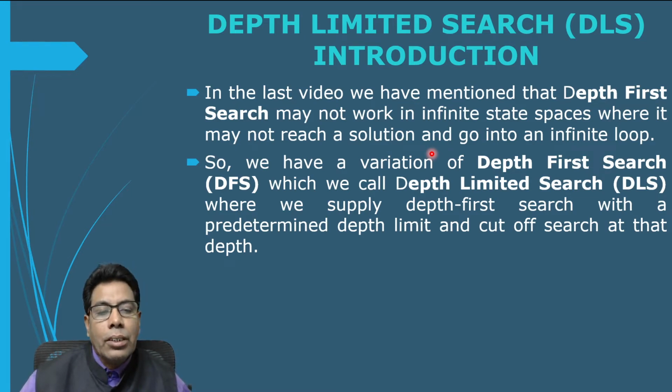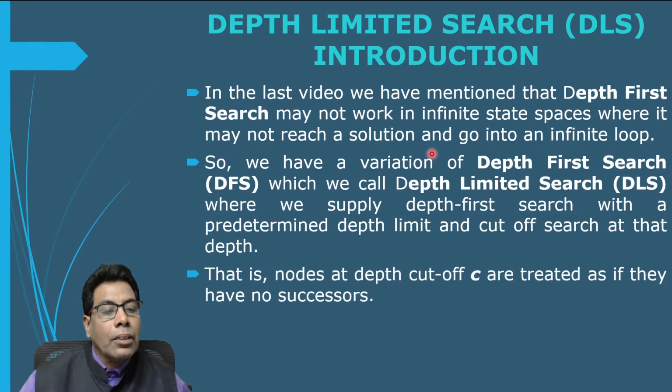If we define the depth limit as 2, then we cut off the search at level 2. That is how depth limited search is implemented. The nodes at the depth cutoff are treated as if they have no successors, so they will not be expanded and the search will be terminated at the given limit.